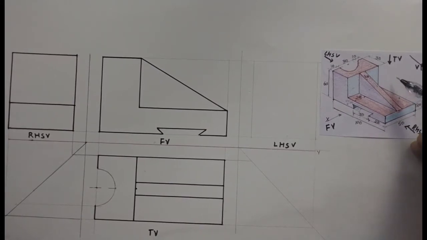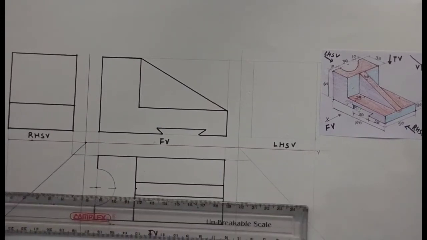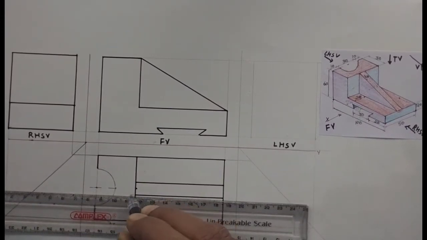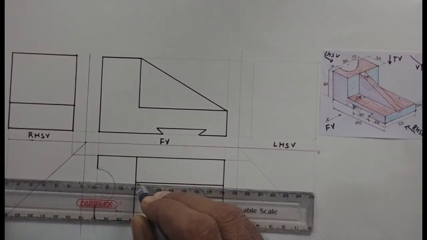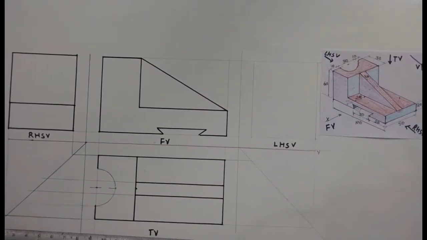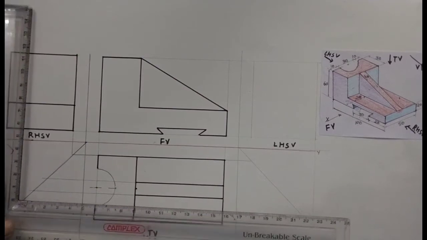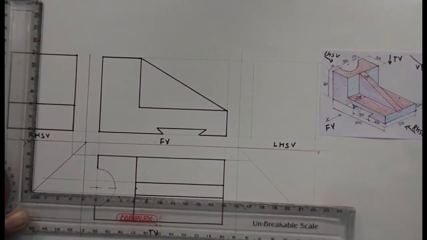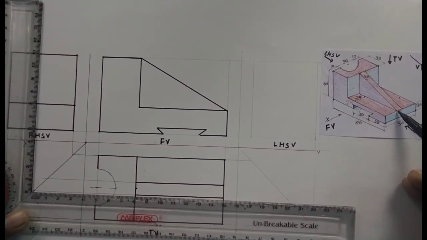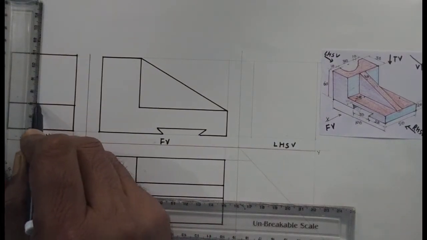The side view of the rib is represented as a vertical small rectangle. So for that we collect the light projection from our top view, and the rib starts from the top surface of the bottom plate. So I start from the bottom surface.